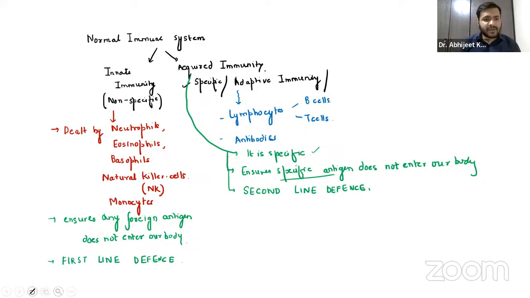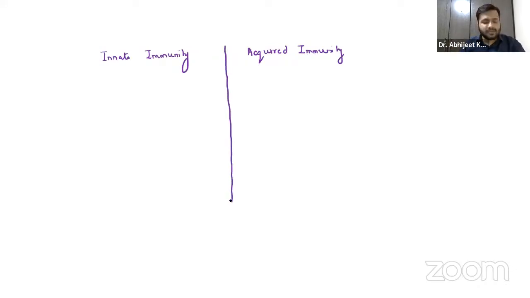Innate immunity, beta, remember, it is always active, right? Let us just try to write over here. If we talk about innate immunity and the acquired immunity, let us try to pen down some examples and some more differences between them. So remember, beta, innate immunity is always active.